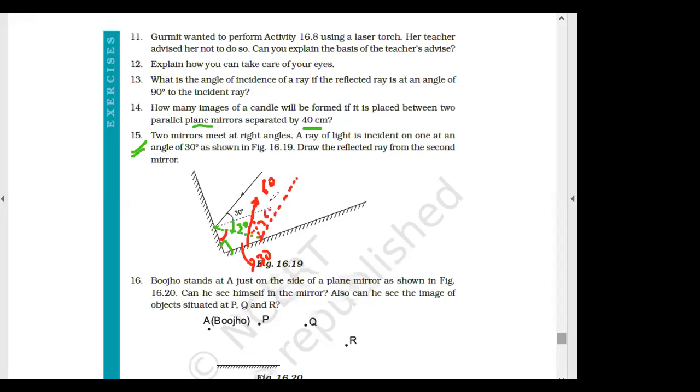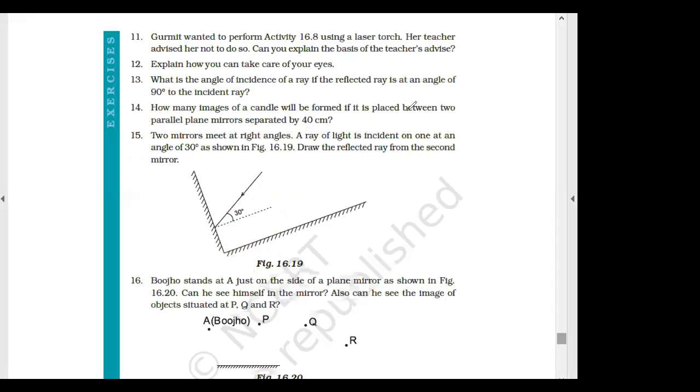The angle of reflection from the second mirror will also be 60 degree. Yes or no? I hope all of you got it. Got it? Very good.